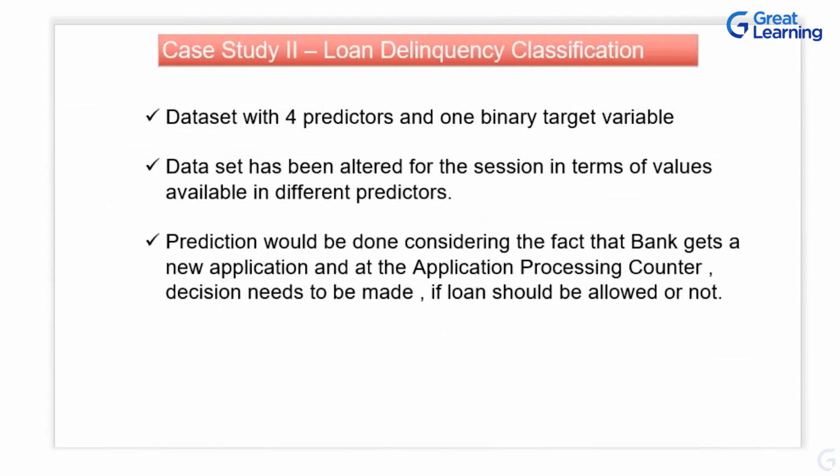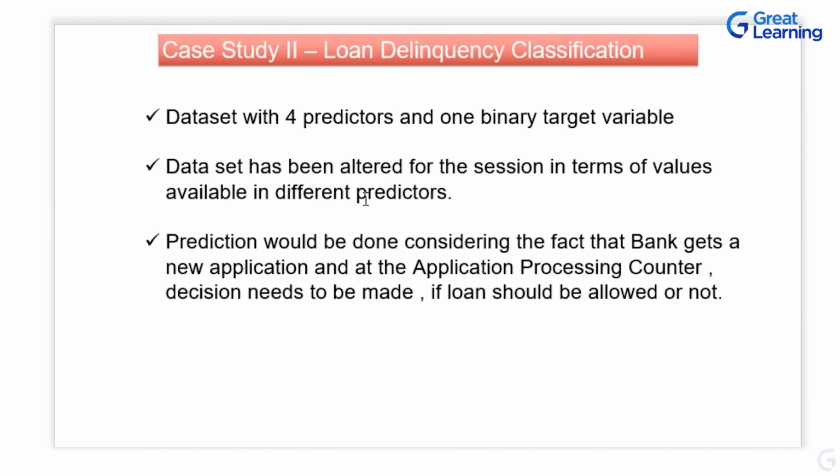The only point I want to make here is that in this data set, we have created some artificial rows just to show you a point, right? If you compare the rows which are available here with the data set which was given to you by Great Learning, that data set is more genuine, but it had a limitation from the session perspective of only 2 or 3 levels, right?